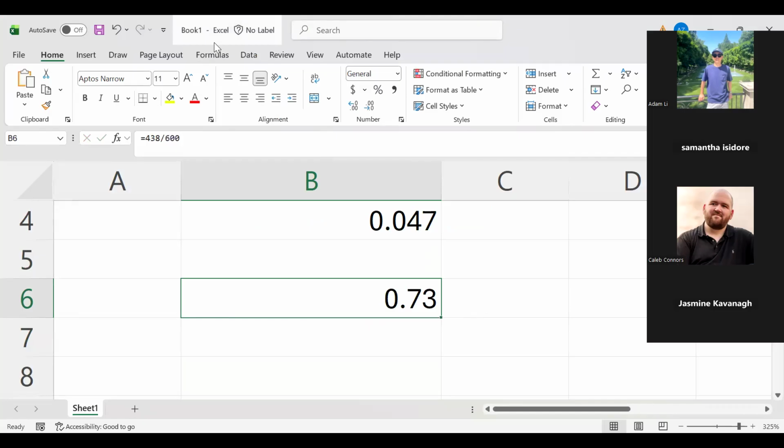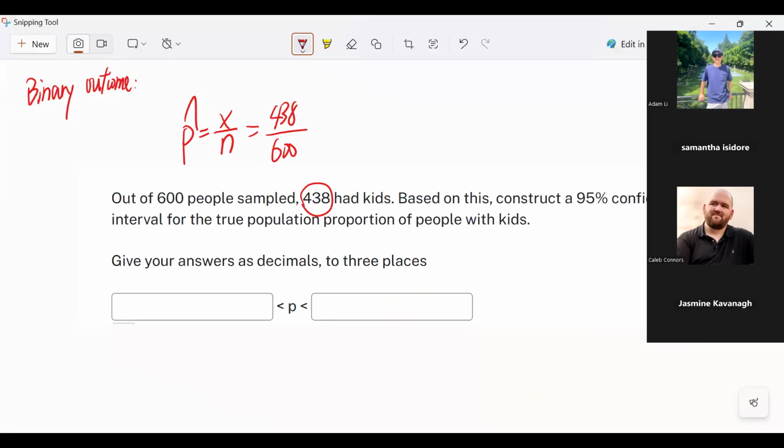That's the p-hat, meaning 73% of the people have kids. And q-hat is the complement, 1 minus p-hat. So 1 minus 0.73 is 0.27.